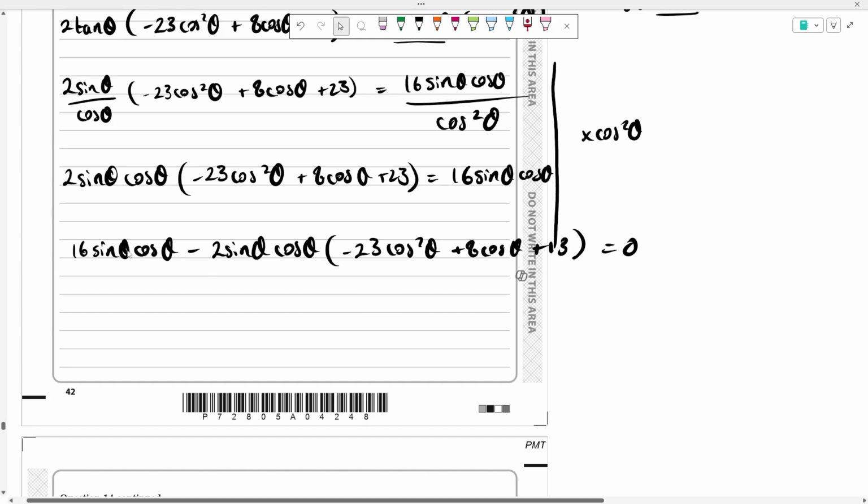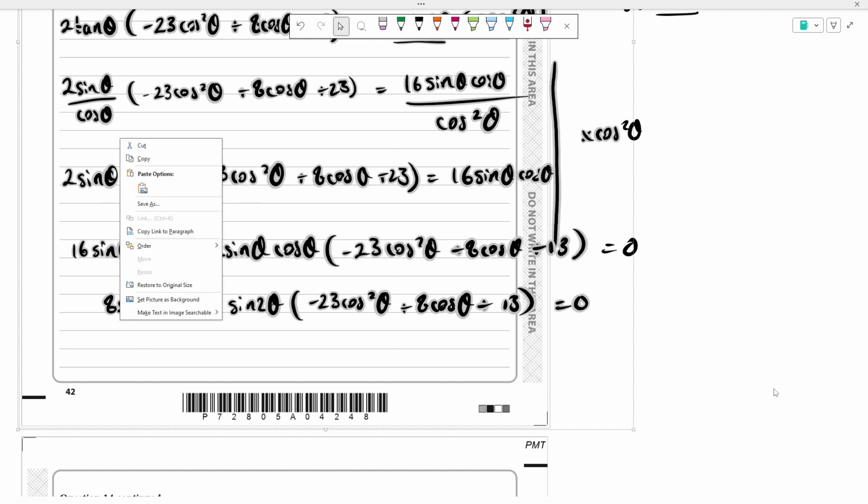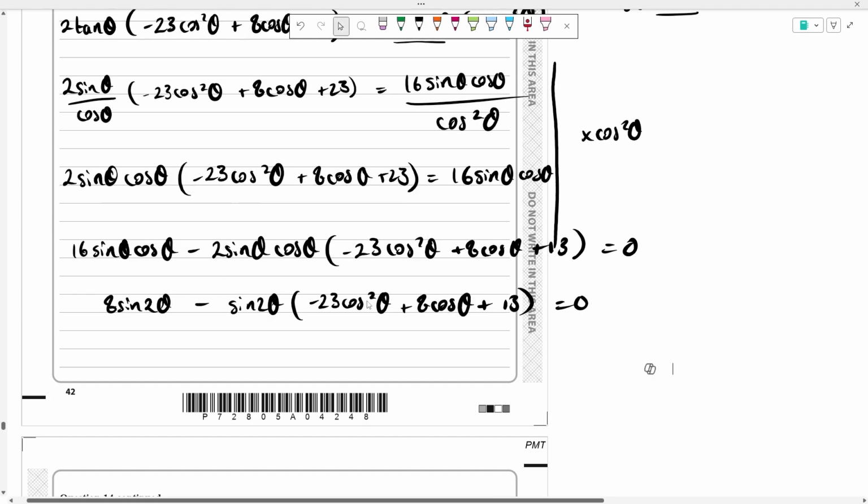Next, I'm going to convert these back into the sine 2 theta identities. So this becomes 8 sine 2 theta minus sine 2 theta, and then we write this formula again. We need to think about how we can combine these two together.